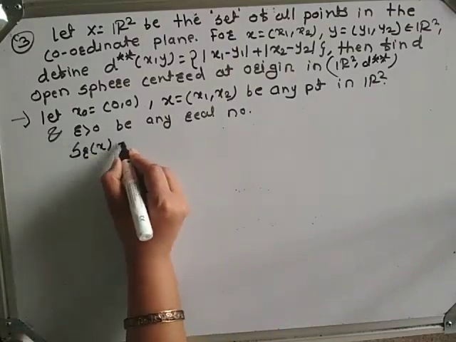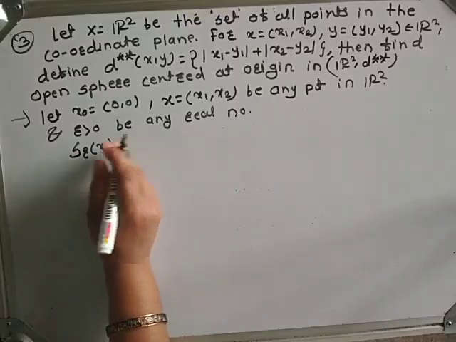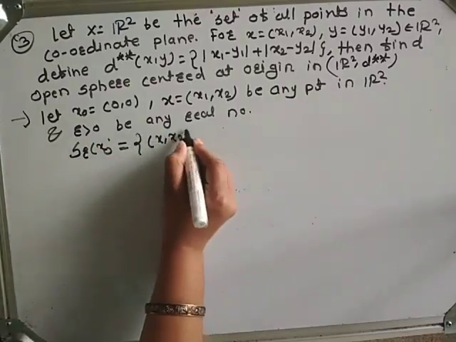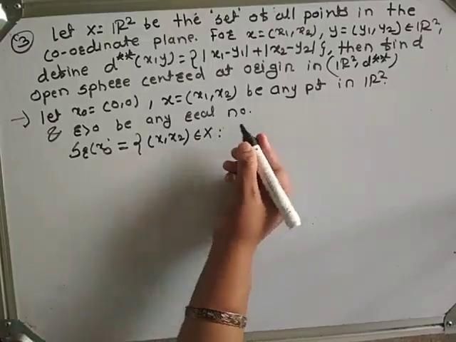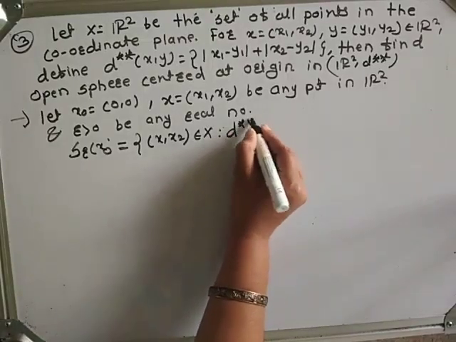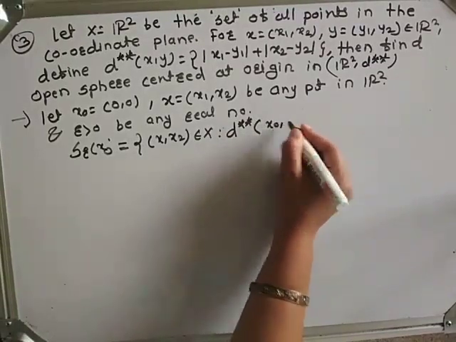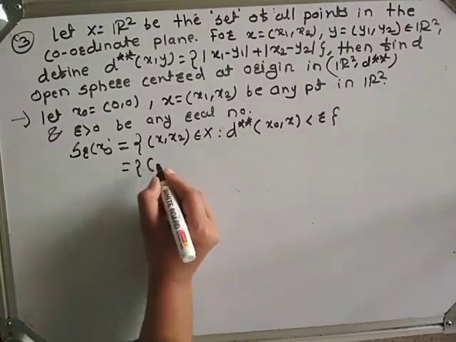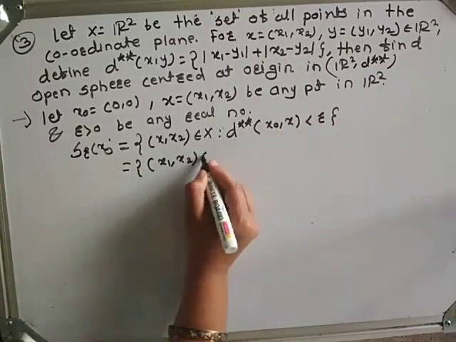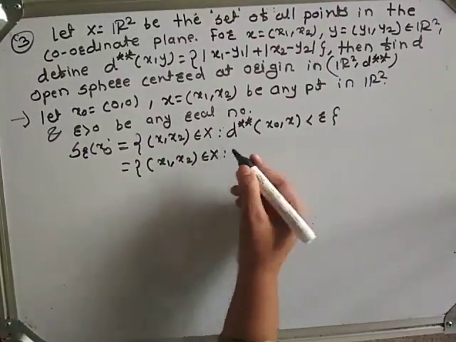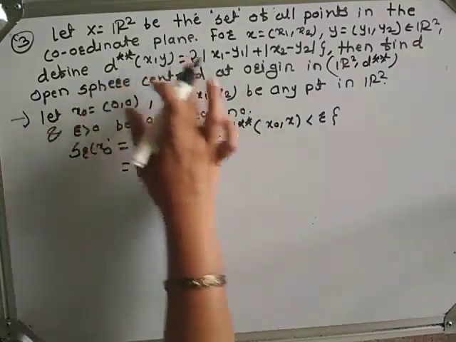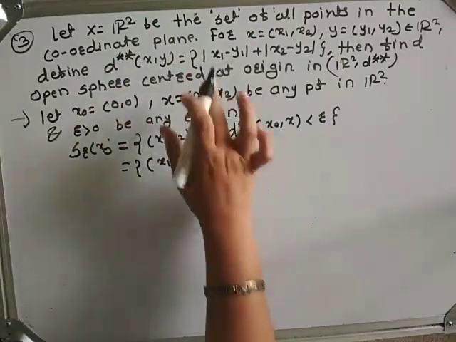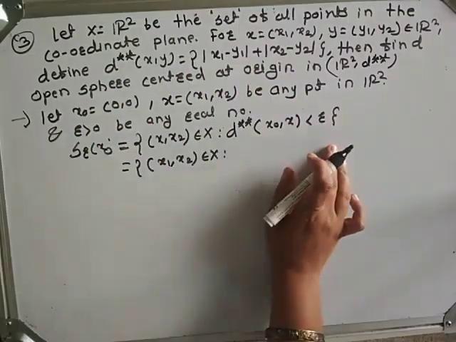S_r of x0 is equal to the set of all ordered pairs x1, x2 belonging to capital X such that d double star of x0, x is strictly less than r, which is equal to the set of all ordered pairs x1, x2 belonging to capital X such that, here d double star is defined as d double star of x, y is equal to mod x1 minus y1 plus mod x2 minus y2.